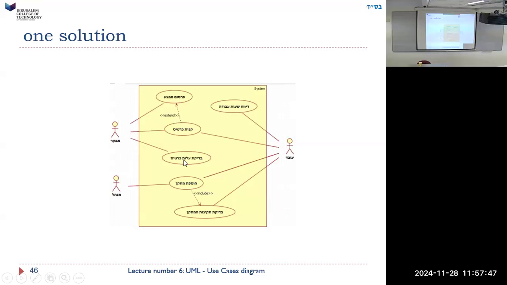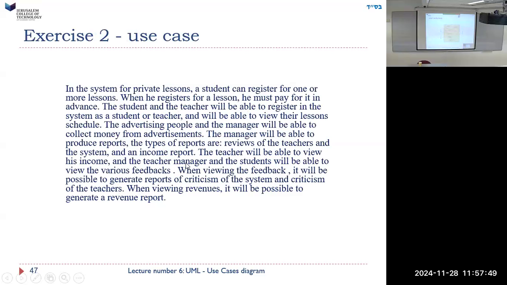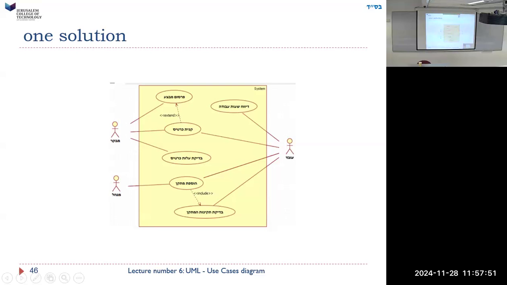A deal. You could also just check the price of cards. The worker can add a new stall or a new attraction, and then he includes checking it. You have to check it. Make sure it's installed correctly, that new attraction.